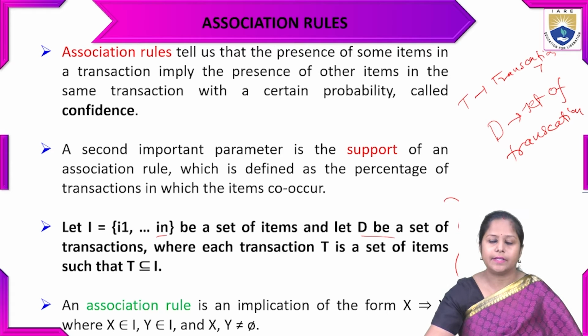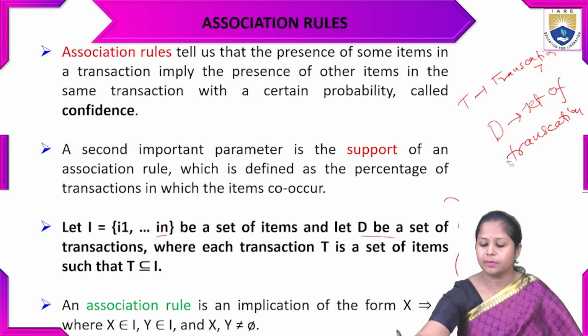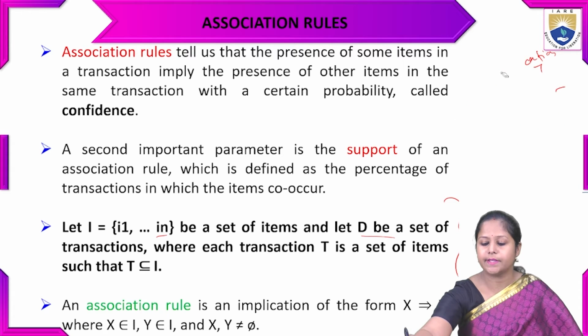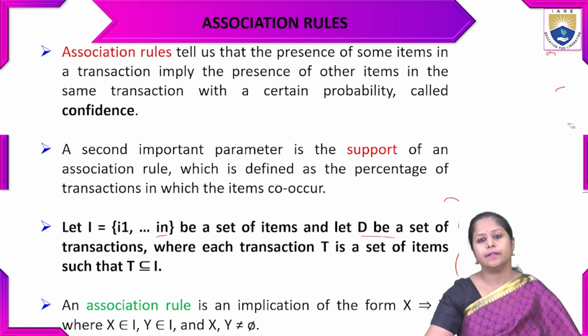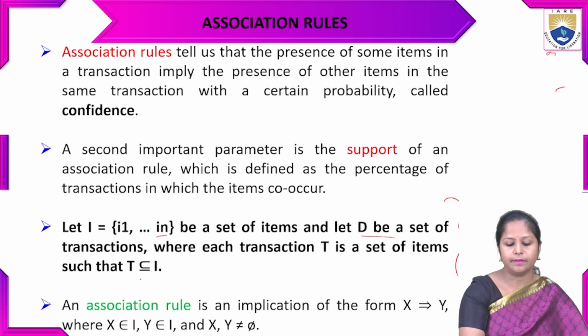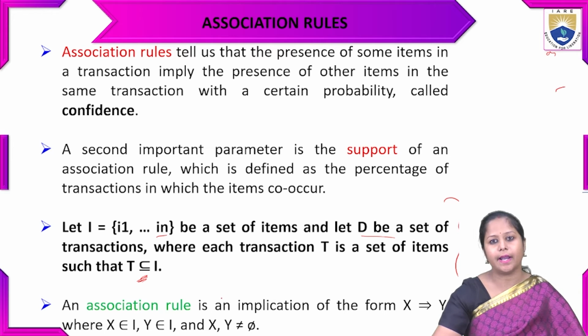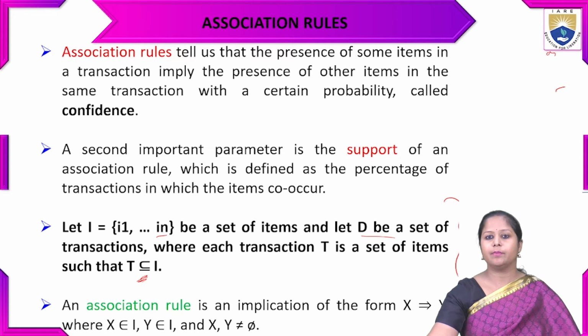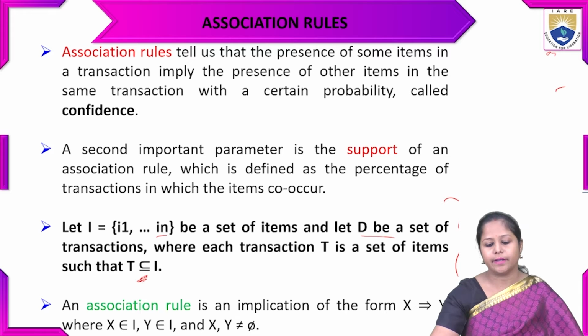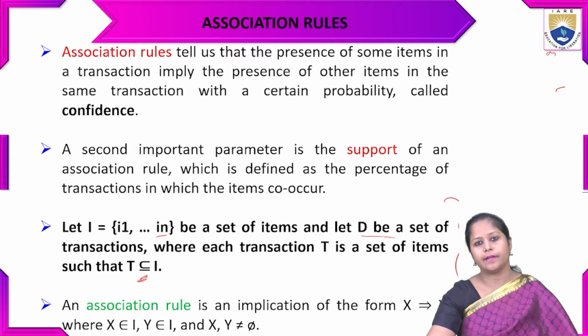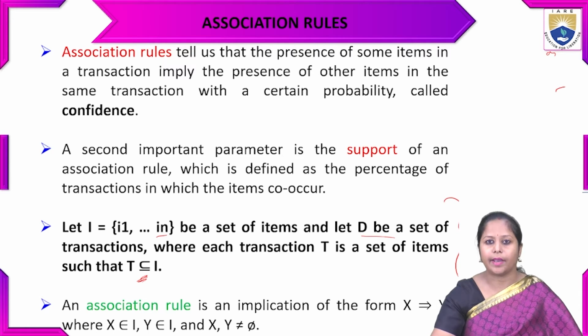There will be D number of transactions, and in each of the transactions there is a rule with a set of items that is a subset of the I items.